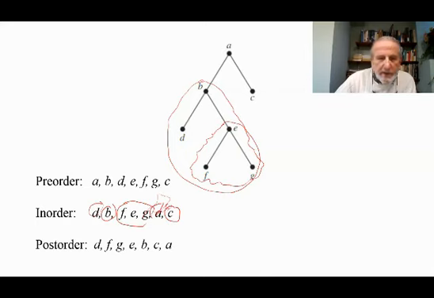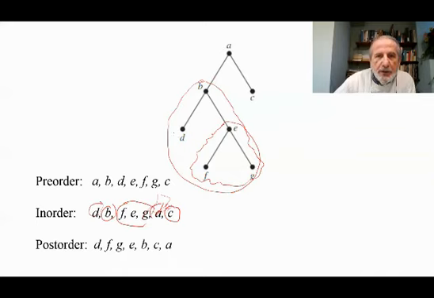Now look at the postorder. You need to do this left child first, and then go to C and then A. But to do this, you have to apply the same method.